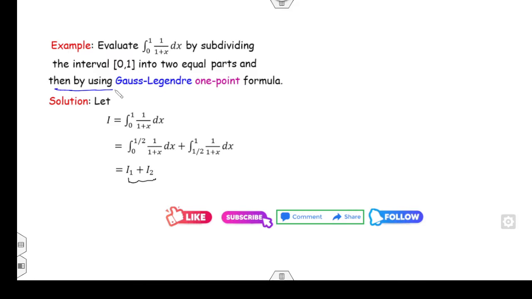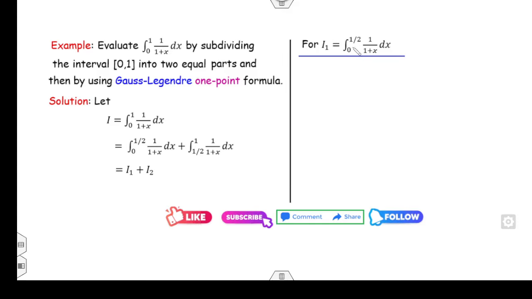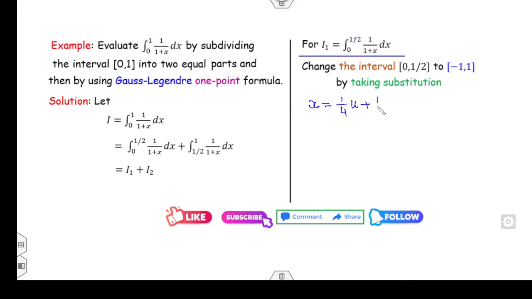And then you can solve these two portions by using Gauss-Legendre 1-point formula. So I can start with the I1 firstly. Now for the I1, A is equal to 0, B is equal to half. So I can convert the limits by using the substitution: x is equal to (B minus A) over 2 u plus (B plus A) over 2, and dx will be 1 over 4 into du.